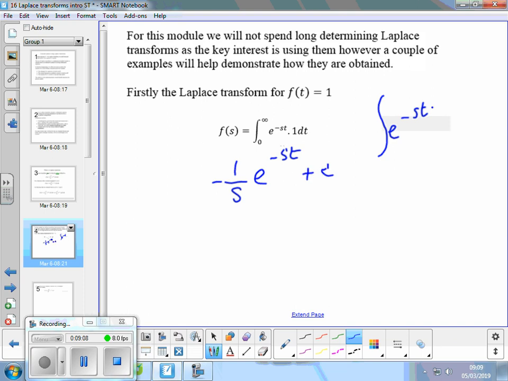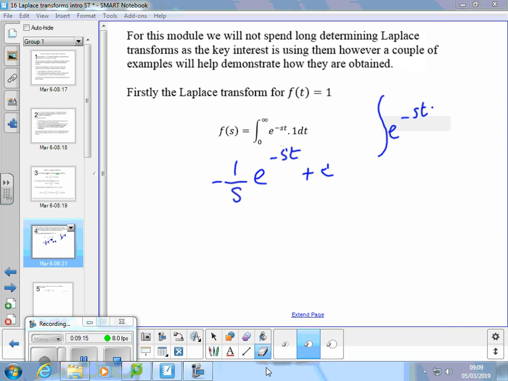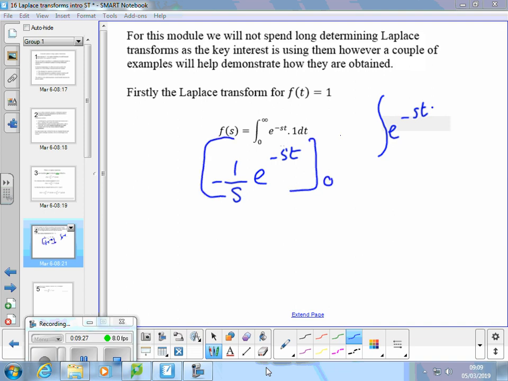Plus c, we can ignore that because we're finding a definite integral, can't we? So it's going to be that between 0 and infinity.